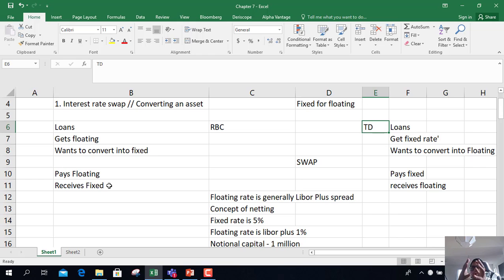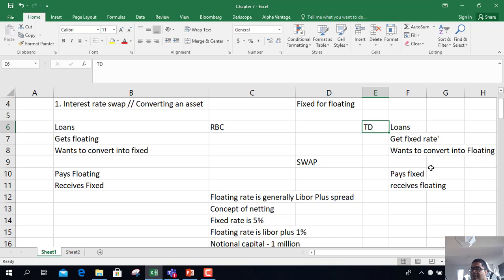Effectively, customers of RBC are paying floating rate to RBC. It is taking that floating rate and giving it into the swap, and it is taking a fixed rate from the swap. So effectively it is paying floating rate and receiving fixed rate from a swap transaction.